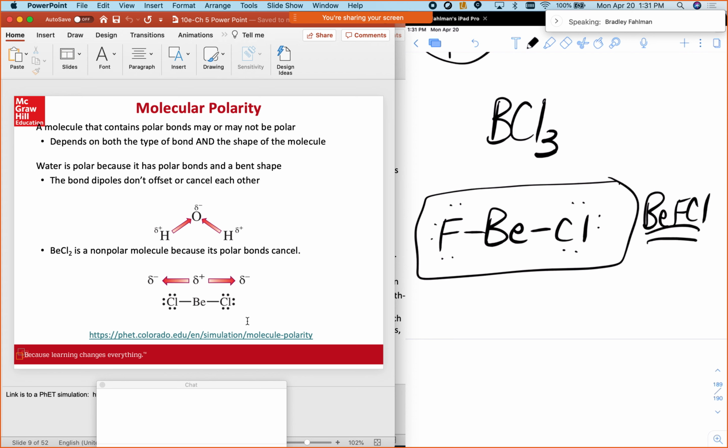I don't know if that's even a real molecule, but if you had that one, is it going to be polar or nonpolar? Any ideas?